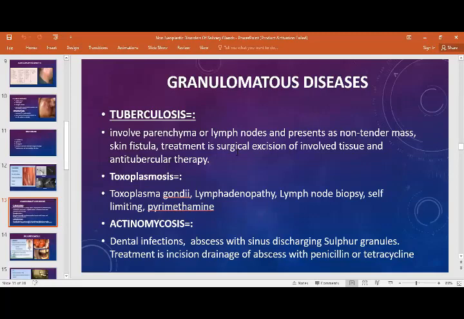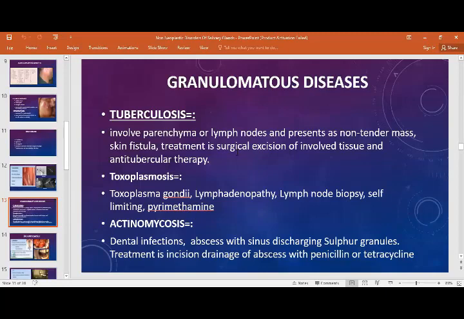We will definitely go for all the routine tests, that is FNAC, as well as PCR examination to detect tuberculosis. And then, of course, we need to give anti-tubercular therapy for this disease. And if needed, if there's a tender lymph node or tender mass present, then we will go for surgical excision of the involved tissue.